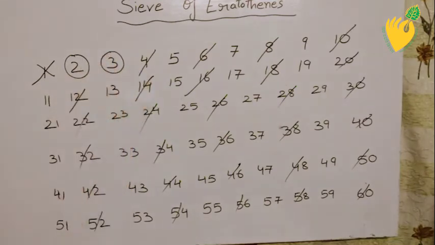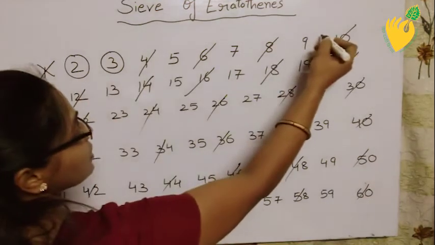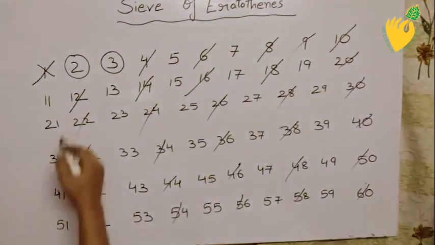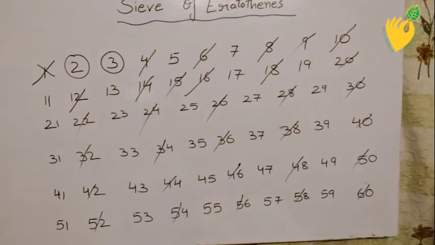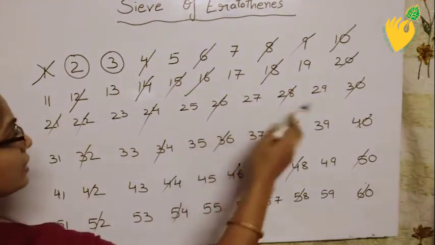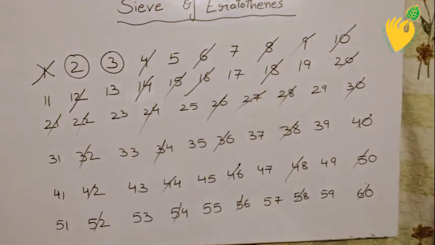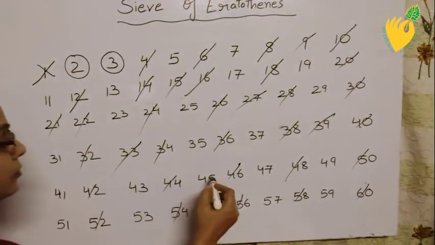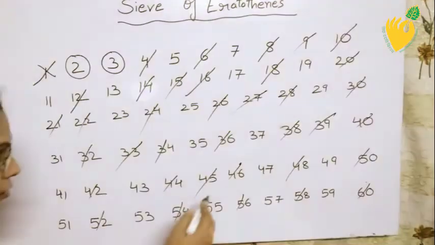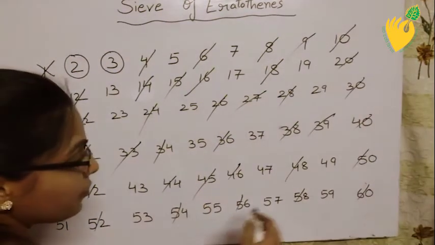That is 3. Now, encircle the 3 and make a single cut to the multiples of 3. 3 threes are 9, 3 fives are 15, 3 sevens are 21, students, 3 nines are 27, 33, 39, 45 will be divisible by 3.